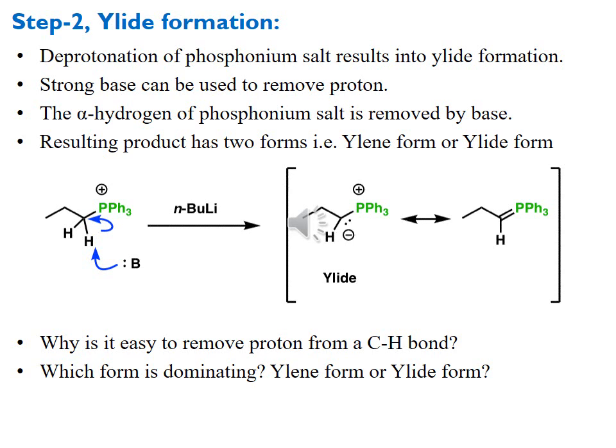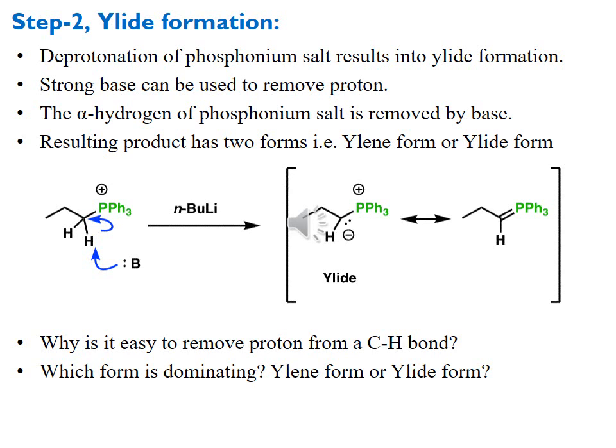You can see this positive charge shows that it is an electron withdrawing group. So it makes this CH bond polar, and it becomes easy for a base to detach a proton or hydrogen from this alpha carbon and make a double bond there.